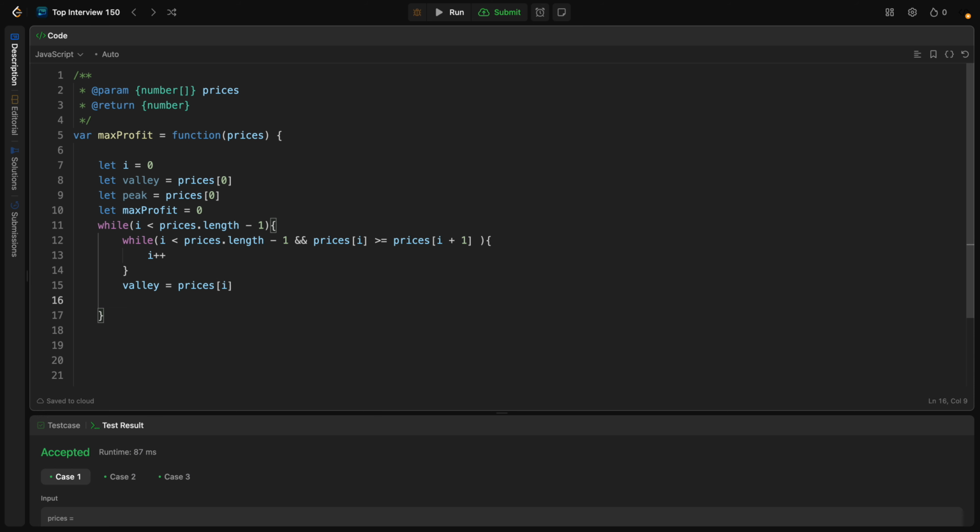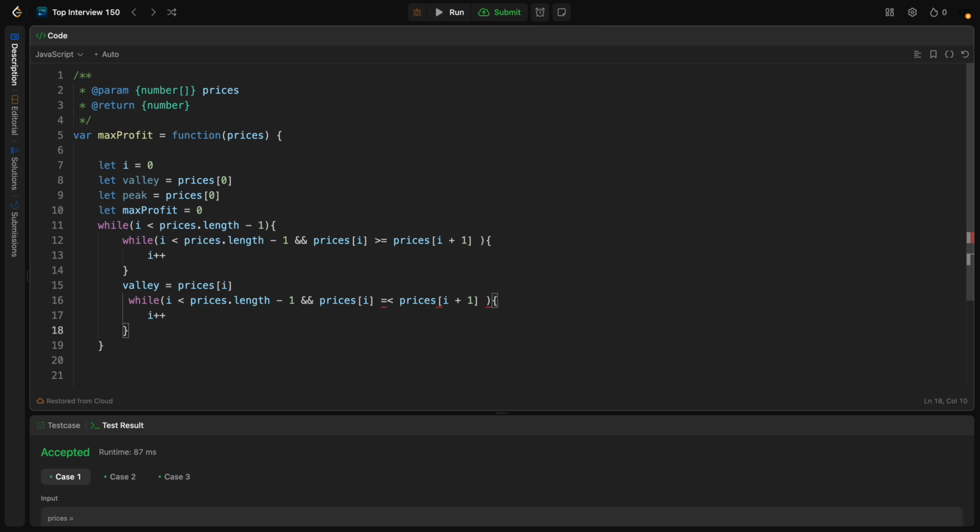After that, we will need to find a peak. So we will do the exact same thing here in the while, but this will be the opposite, because the peak is exactly the opposite.